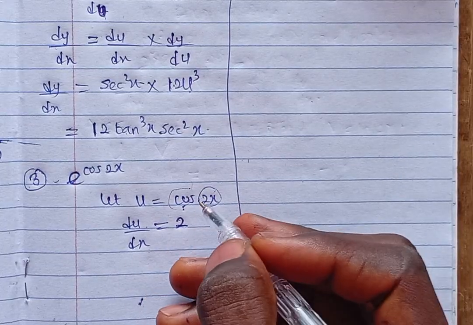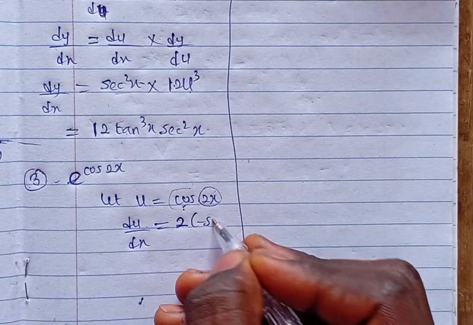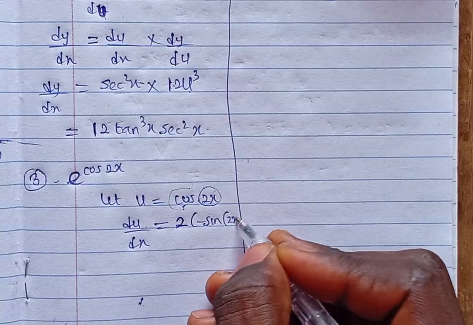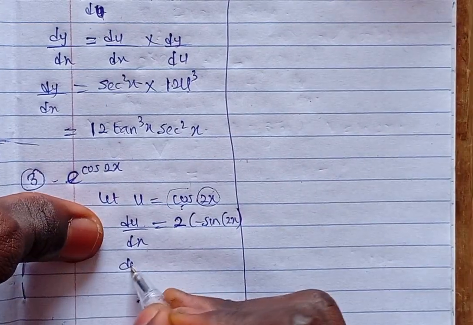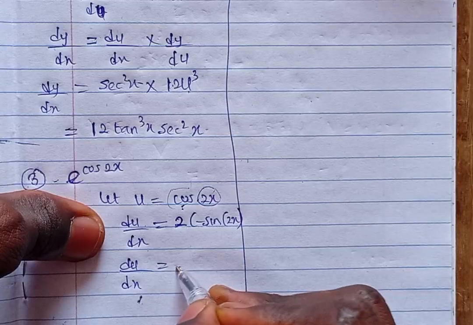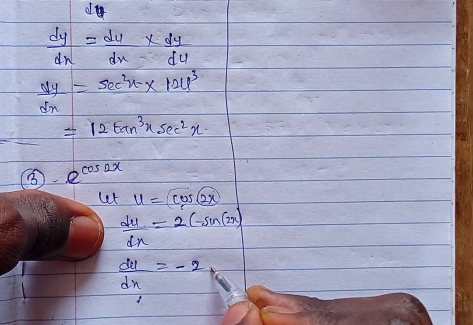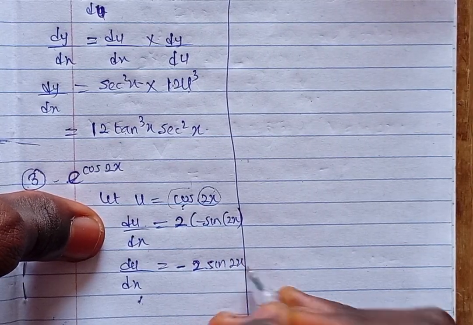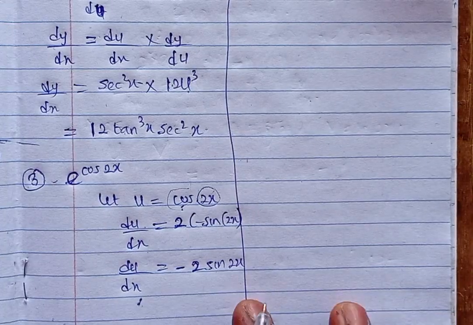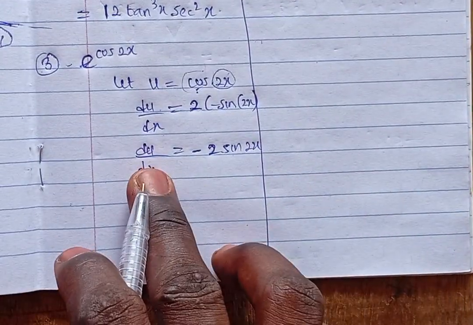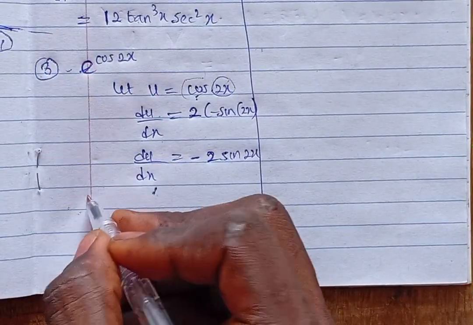Differentiate cos, you get minus sine, and rewrite this 2x again for sine. So you get that your du/dx is equal to minus 2 sine 2x. Simple as ABC.